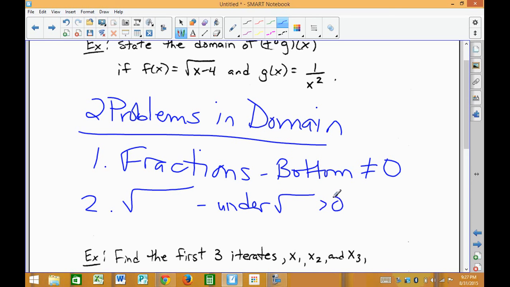We cannot have negatives underneath square roots. If you have a negative under a square root, that causes what we call a complex number, an i, and we are only interested in the real solutions right now. So we would definitely want to stay away from imaginaries. We want to stay away from undefined situations.